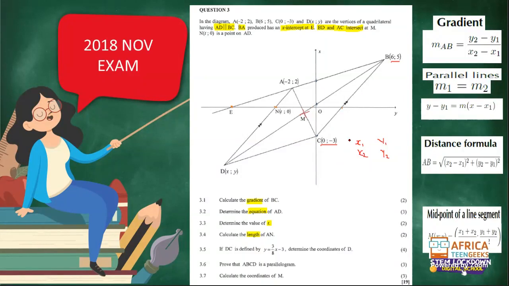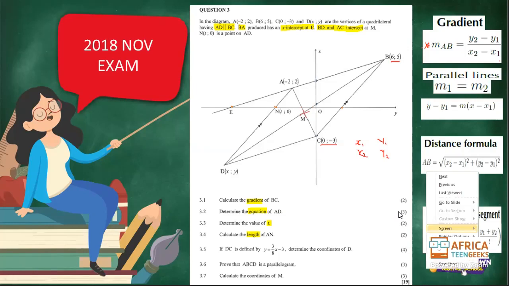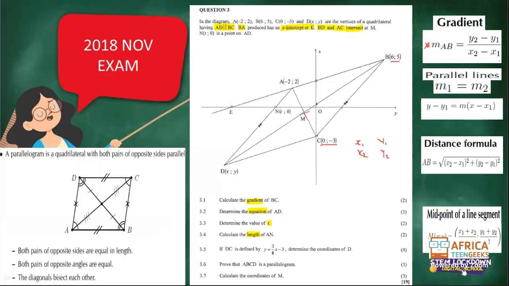Okay. And then after that, because you have all points, it means you can use the equation to find your gradient, isn't it? So you can use this equation to find your gradient between 2 points. And then the answer that we got yesterday. Remember, you need to substitute correctly.